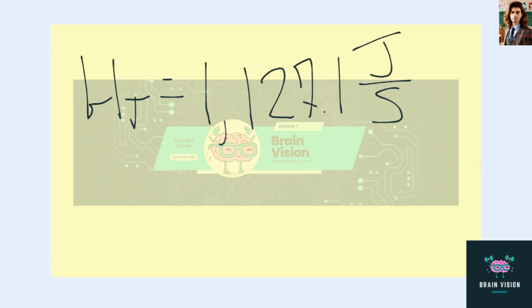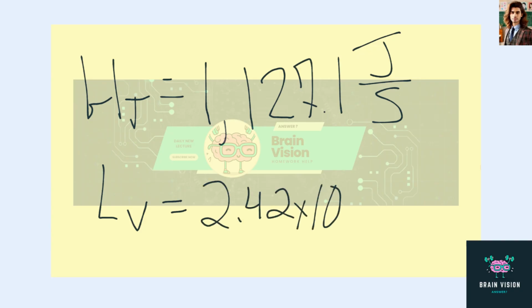What we want to find is how much sweat must we evaporate per minute to get rid of this excess heat. Right, and we're given the heat of vaporization for water, L_V, equals 2.42 times 10 to the 6 joules per kilogram. Okay, next we're going to find the heat generated through running over 1 minute.